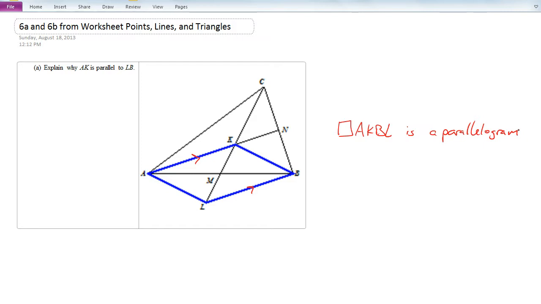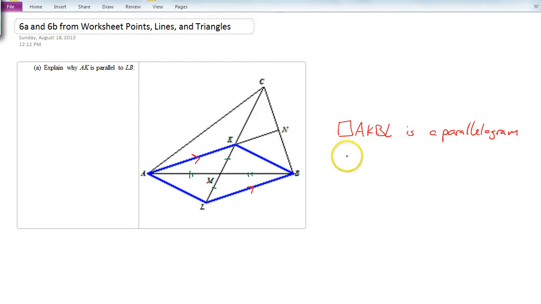One way of showing that you have a parallelogram is to prove that the diagonals bisect each other. So if we can show that diagonal KL and diagonal AB bisect each other, meaning that this is congruent to this and this is congruent to this, then we'll have AKBL is a parallelogram and that AK is parallel to BL.